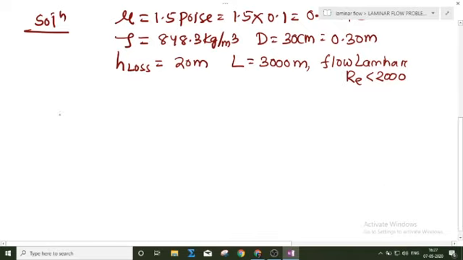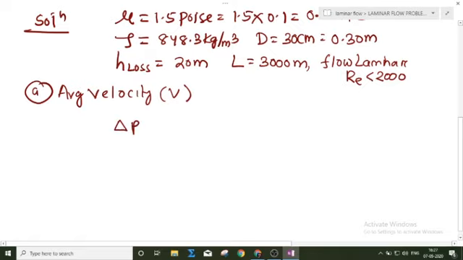So we first have to find the velocity. Velocity means, indirectly, the average velocity. We know the change in pressure is 32 mu V L divided by d square.